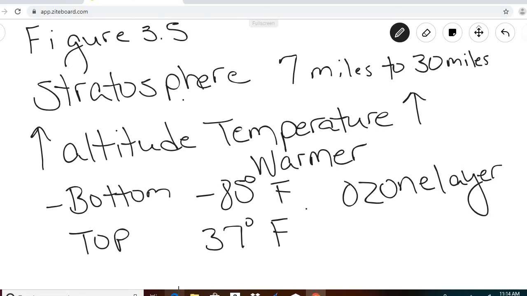So this layer is actually absorbing energy from the sun. And since that layer is located within the stratosphere, that increased energy absorbed from the sun is going to lead to an increased temperature. So within the stratosphere, as you go higher, the temperature is actually going to be getting warmer.